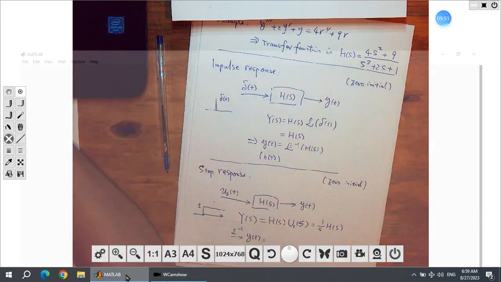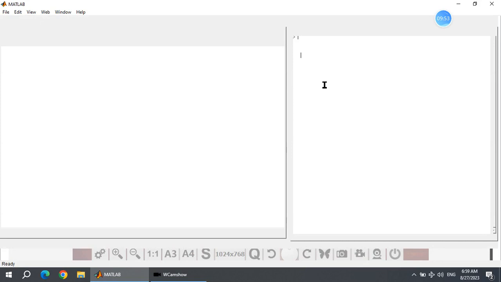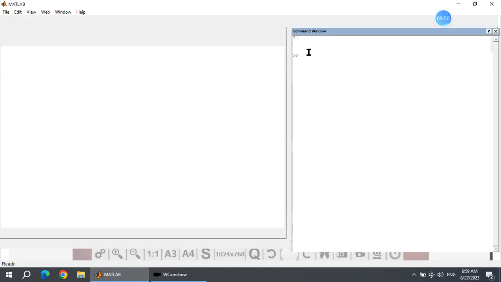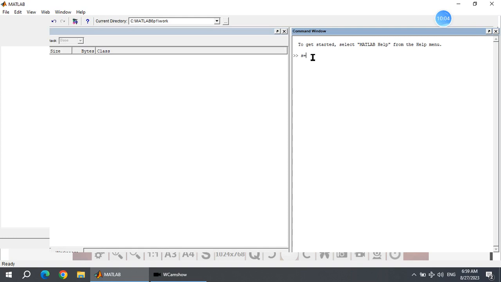I have my Matlab here. It looks a little bit strange. Okay, so we let S equal to, just a notation.